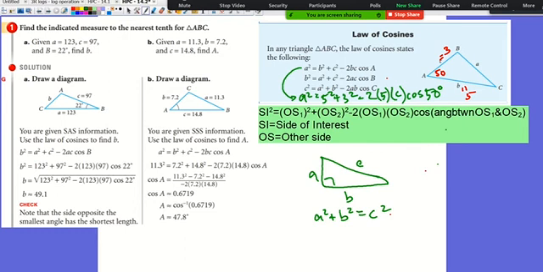Look at how I plug that in, folks. Look at the yellows here.